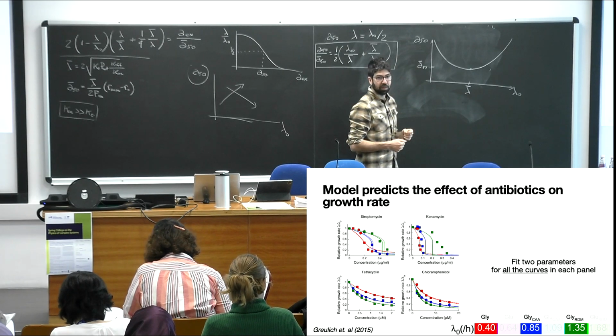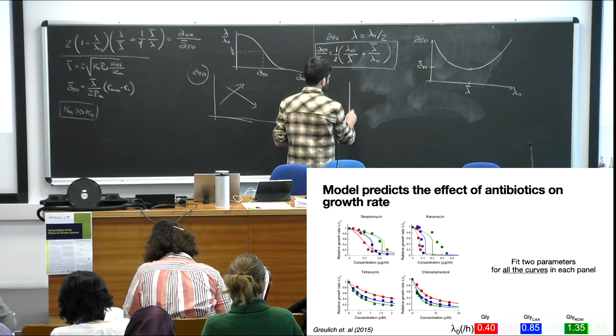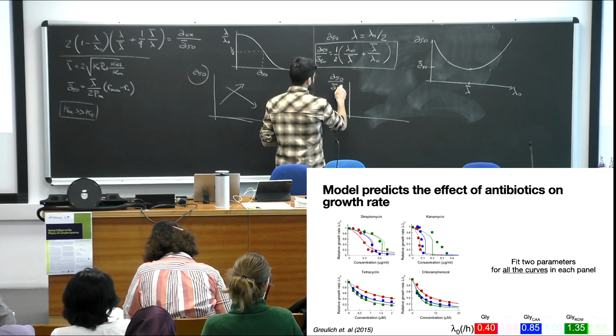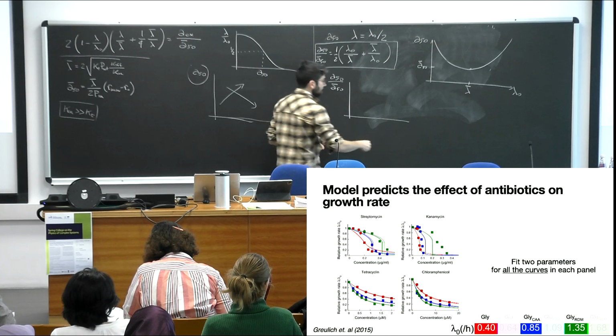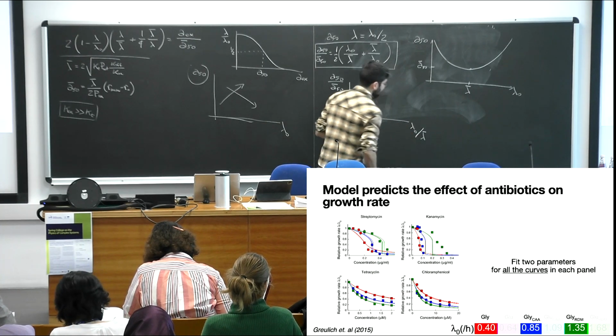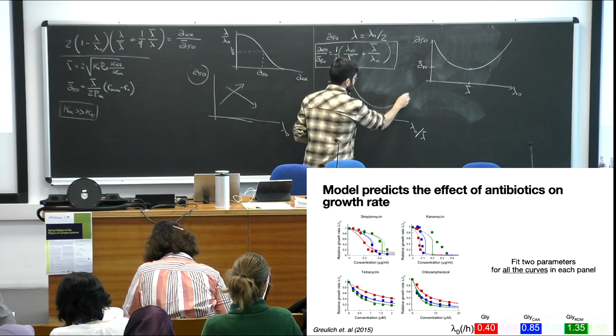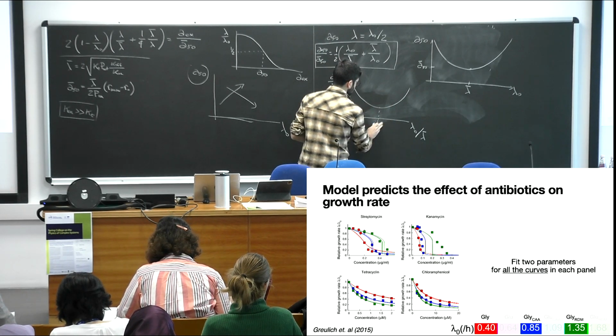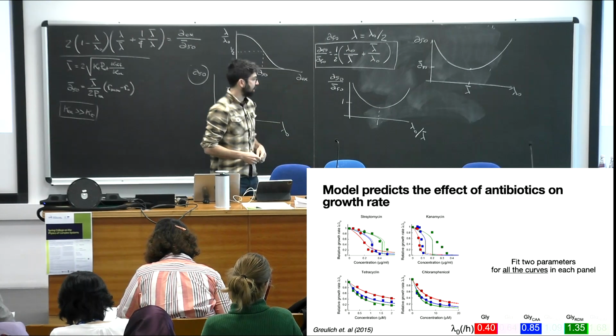So if I plot A50 over A bar 50, which I fitted, as a function of lambda naught over lambda bar, which I measure, I should get a unique curve, which looks like this.